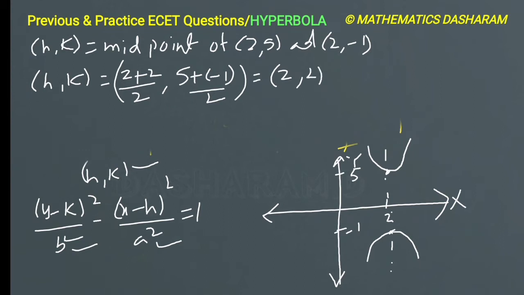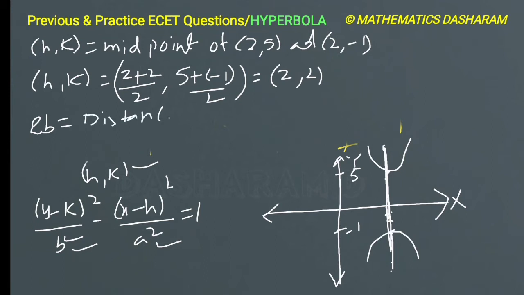Next we need a square and b square values. So for the conjugate hyperbola, the length of the transverse axis is what? 2b. So 2b means what?